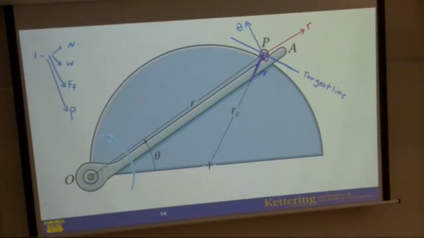Then we have the weight. To draw the weight, just draw a vertical line on your paper. Weight is downward, parallel to the vertical line. And there's no friction.